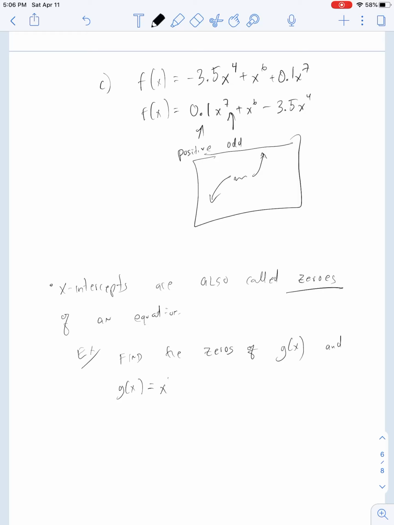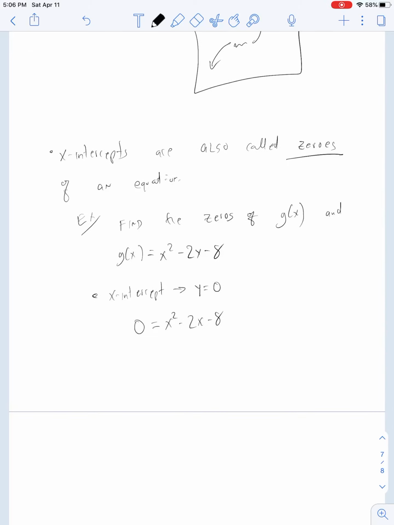And I tell you that g of x equals x squared minus 2x minus 8. So once again, the zeros is just the x-intercept. And we know when it comes to the x-intercept that y equals 0. So it's just 0 equals x squared minus 2x minus 8. And all we're doing is solving here. We factor.